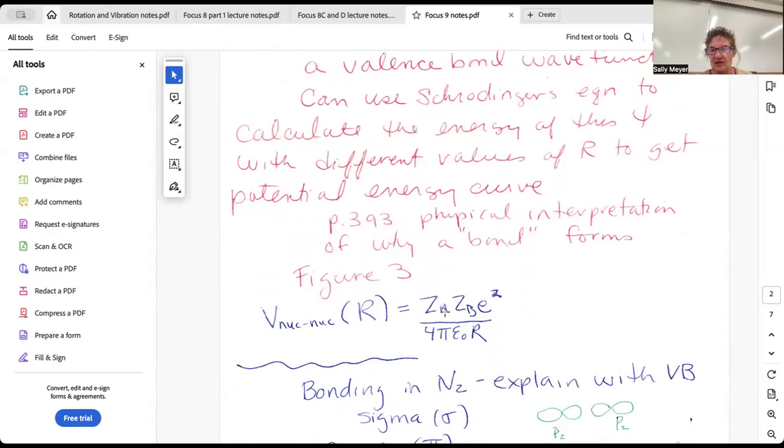So the charge on one nuclei times the charge on the other times the fundamental charge over 4 pi epsilon 0 r. That's just the Coulombic potential that we used for the attraction of a proton or something positive to an electron. But now we're looking at how it also can explain the interaction of 2 positive particles. And so that's why, as it gets closer together, you get a minimum, and then it starts going back up, and it isn't favorable, and that's because you're getting this nuclear repulsion.